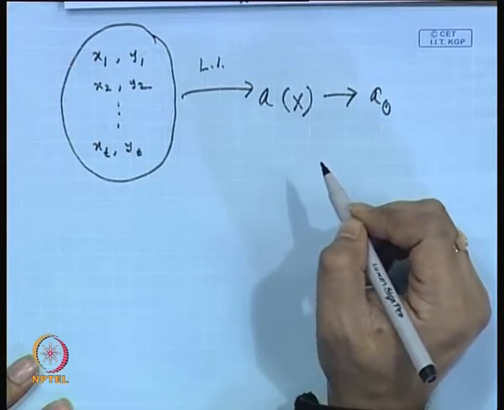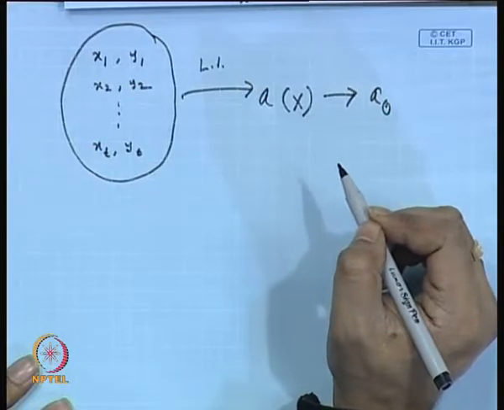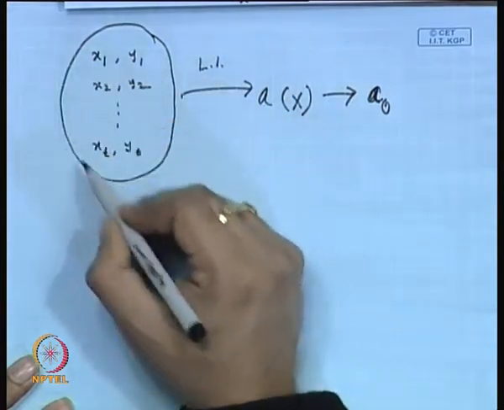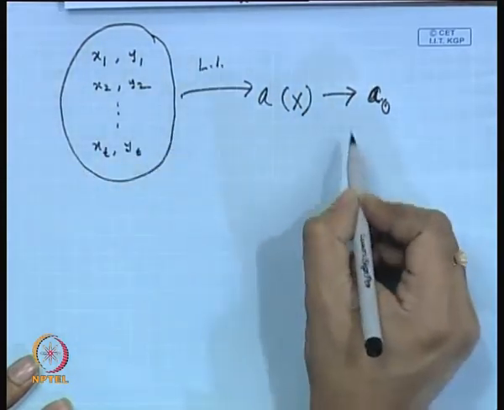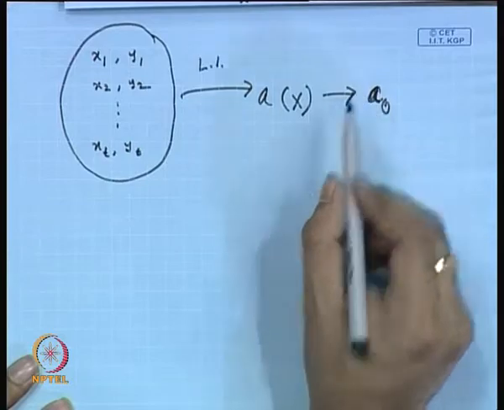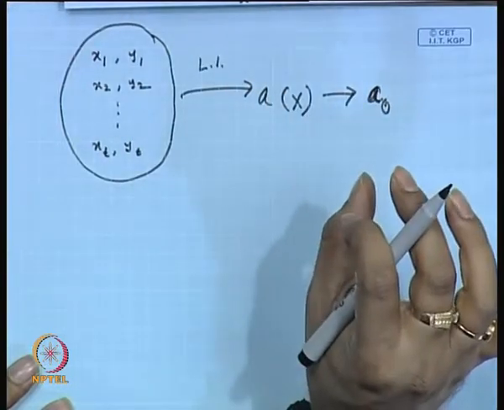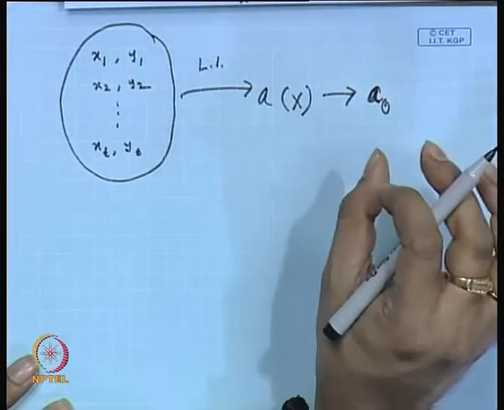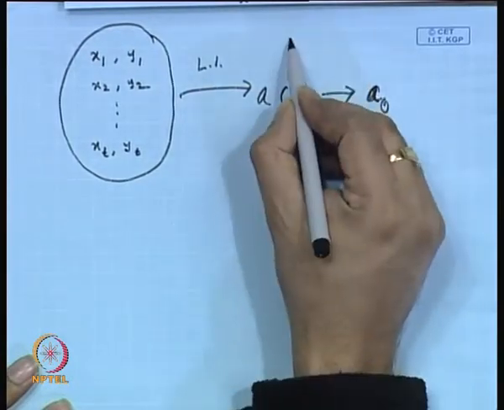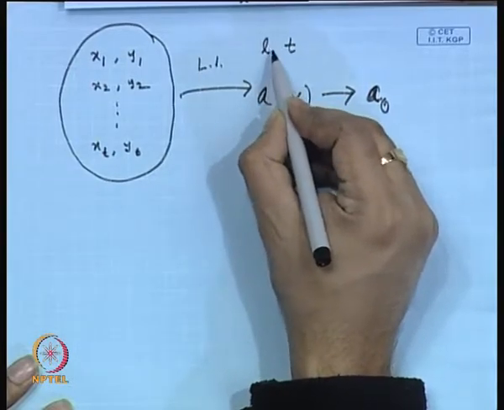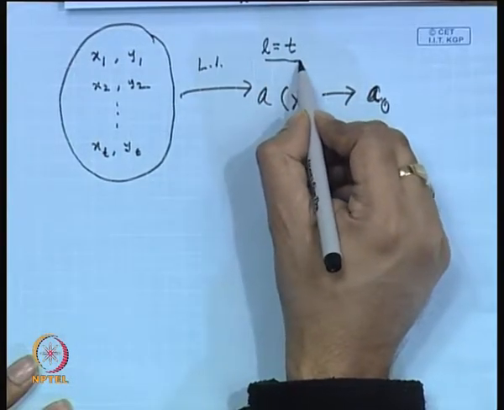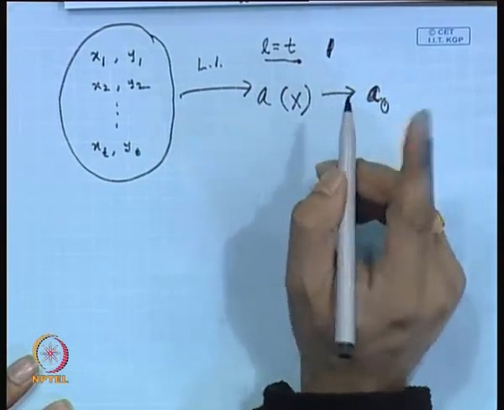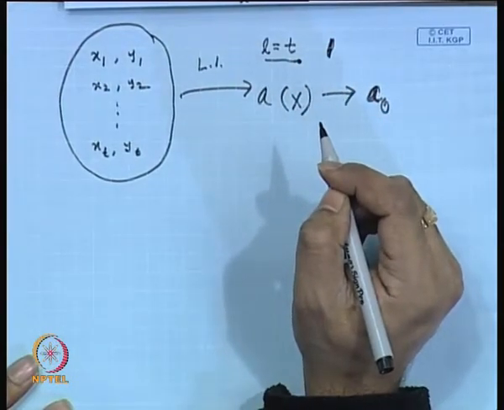When the polynomial was constructed by the dealer, whether you call it a(x) or b(x), if the dealer had ensured that t was adjusted, or rather L was adjusted, such that it is exactly equal to t, then by the first lemma you know that there is exactly one such polynomial for which this holds, right.